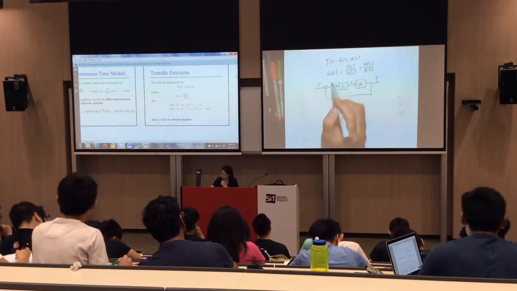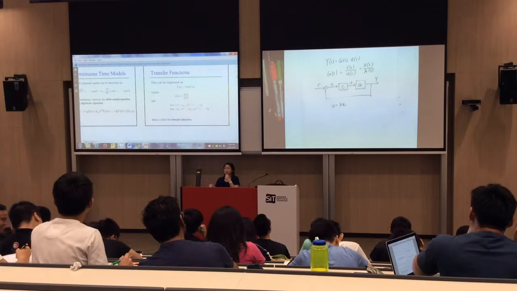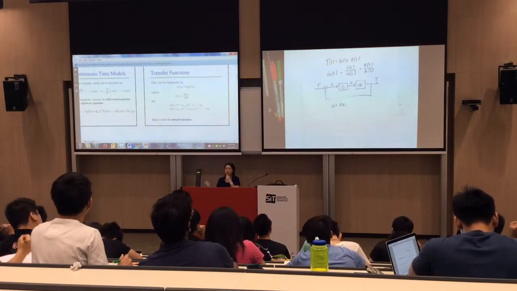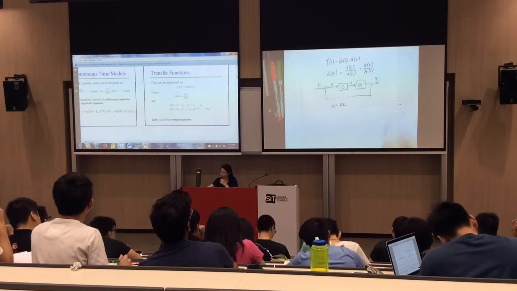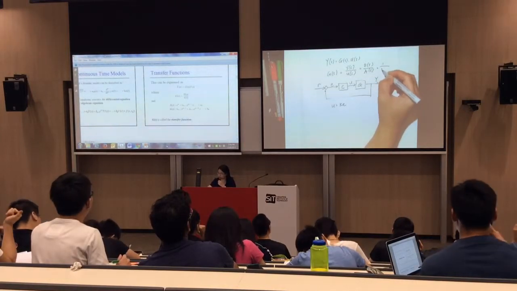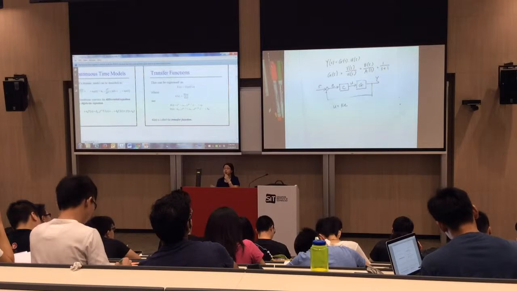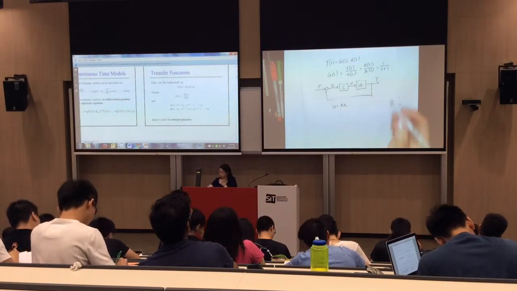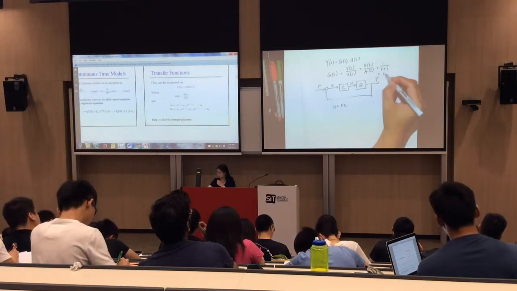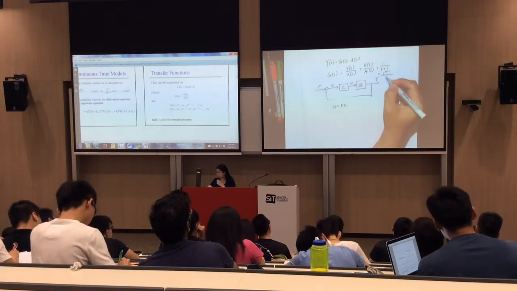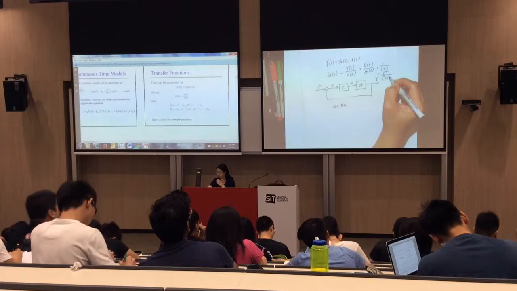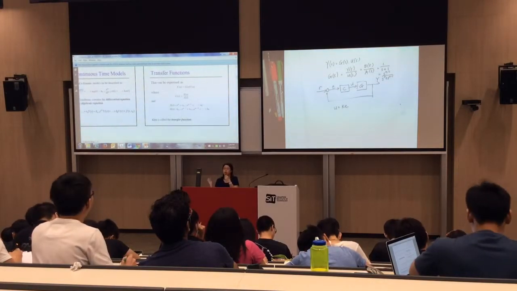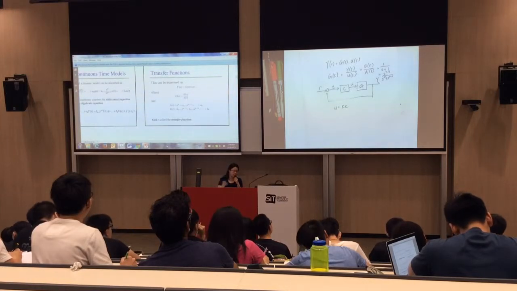G(s) is just a polynomial function. An example of G(s) can be just 1 over s plus 1. Or G(s) can also be s^(n-1) over s^n plus s^(n-1). These are just examples.